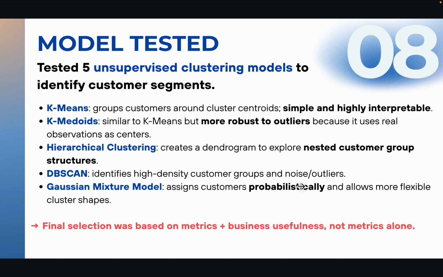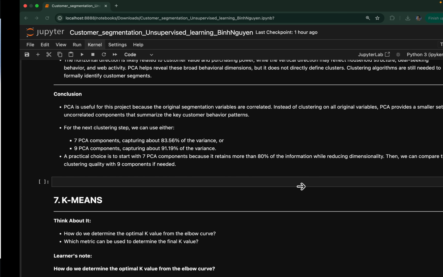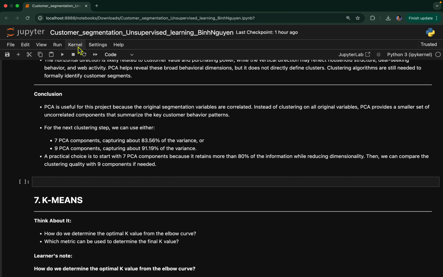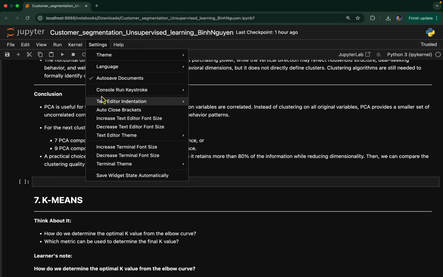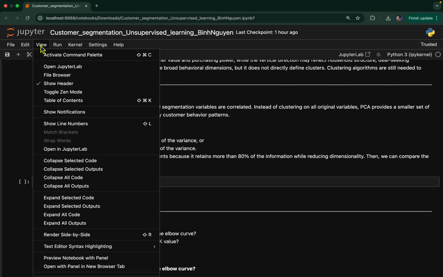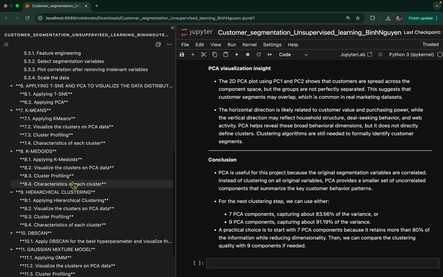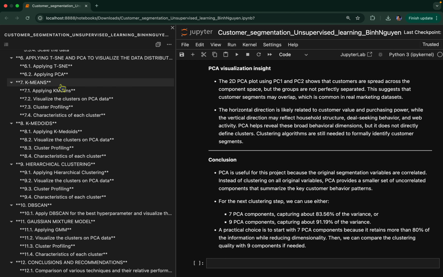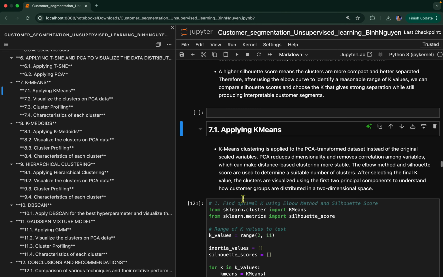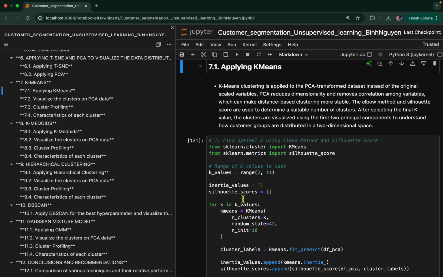Okay, for this step, because it's quite long, I only refer to my notebook here. In my notebook, for each model, k-means, k-medoids, hierarchical clustering, DBSCAN, and GMM, at the first stage I try to do some hyperparameter tuning.